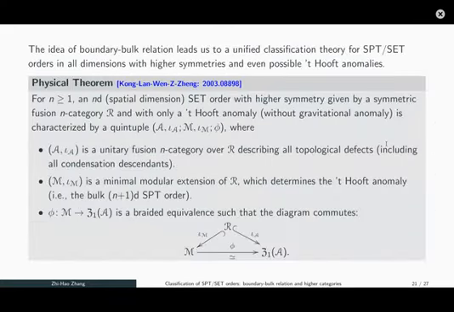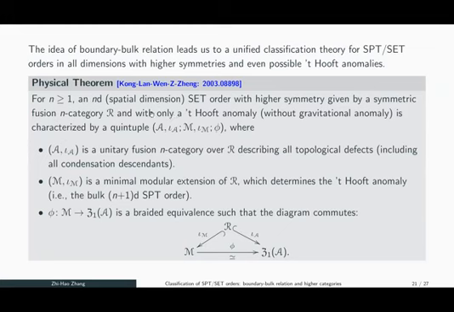And this idea of the boundary-bulk relation also leads us to a unified classification theory for SPT and SET orders in all dimensions, and possibly with higher symmetries and possibly with 't Hooft anomalies. For n greater than 1, any SPT order or SET order with higher symmetry, we suppose the higher symmetry is given by a symmetric fusion n-category R, so it is not given by a finite group.